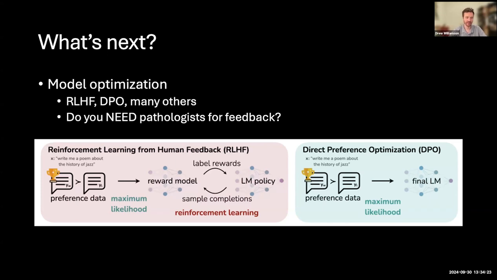Pathologists are busy and they're expensive, and how would we do something like that for PathChat? I think it's really beyond the scope for academia, and maybe would require a private company to do something like that. Or maybe we don't need pathologists to do most of this. We can just use your average person.